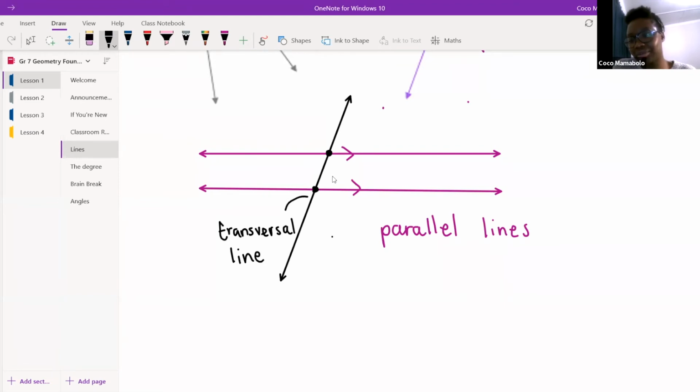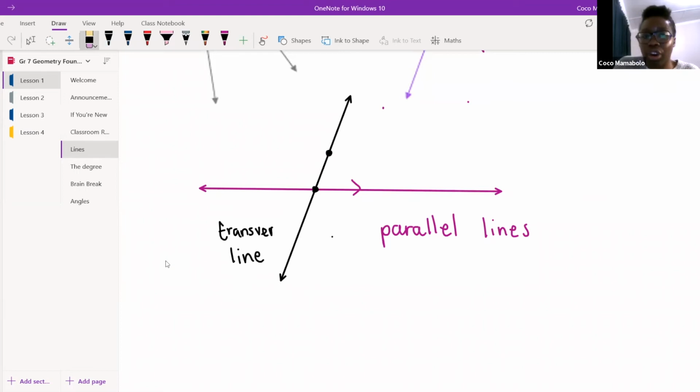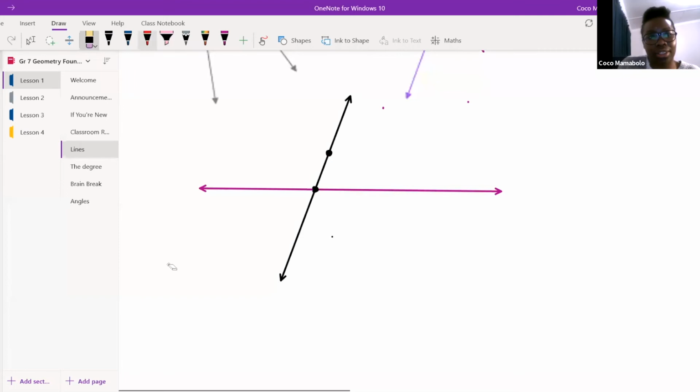Yes. Now, if I take away, let's say for instance, that line, how many times does the black line cross the purple line? One time. So if they cross only once, what do we call them? We don't call them parallel and transversal anymore. If they cross just once, what do we call this part over here where they meet?